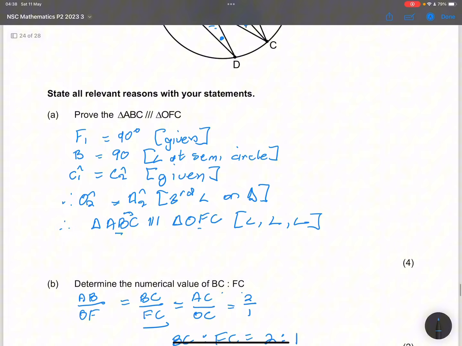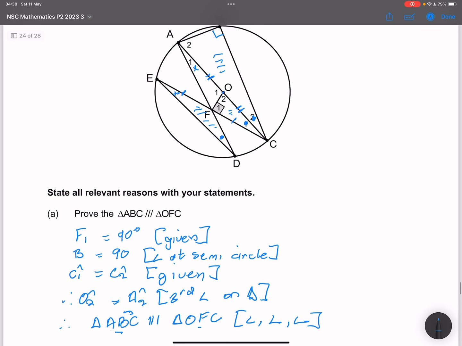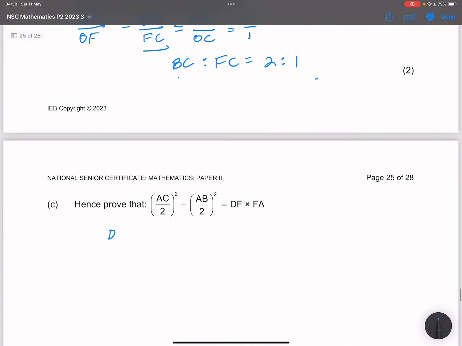So I'm going to say, firstly, we've got angle D equal to angle C. That's what we said. So angle D would be equal to angle C. These are angles at same segment.